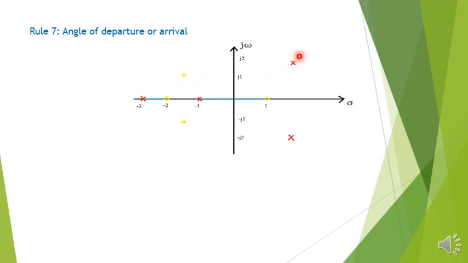The angle at which the branch starts from this complex pole is called the angle of departure, and the angle at which the branch terminates at this open loop zero is called the angle of arrival. So we need to find the particular angle at which a branch starts from these open loop poles or terminates at these open loop zeros.